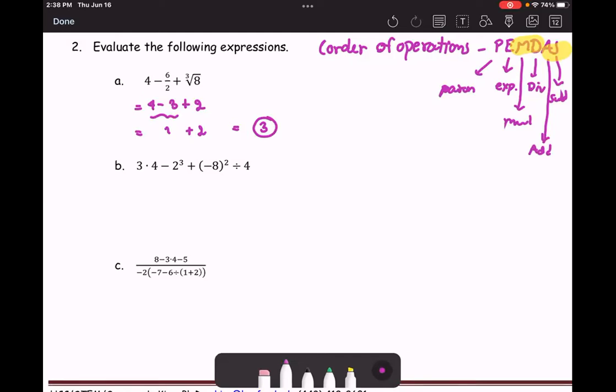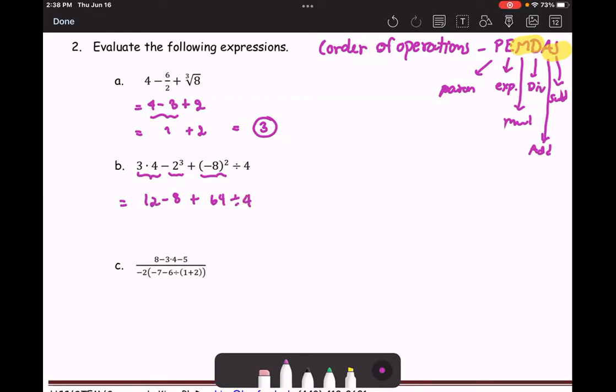So we're going to start by working on the exponent. 2 to the third is 2 times 2 times 2, or the value 8 with a negative sign in front. And negative 8 to the power 2 is negative 8 times negative 8, which becomes 64. And then simplify the 3 times 4, that's 12, minus 8 plus 64 divided by 4.